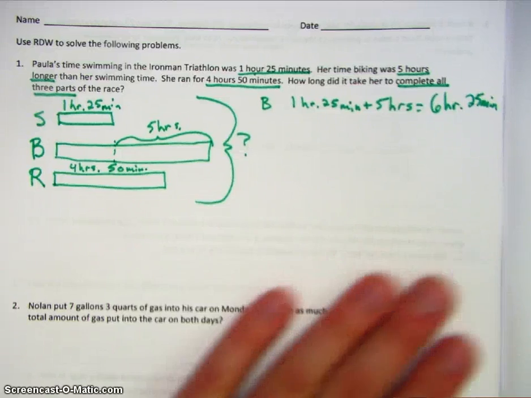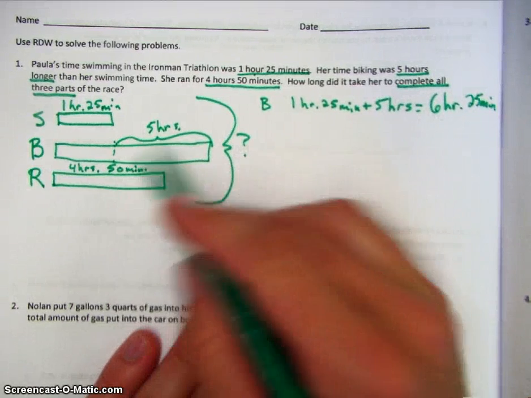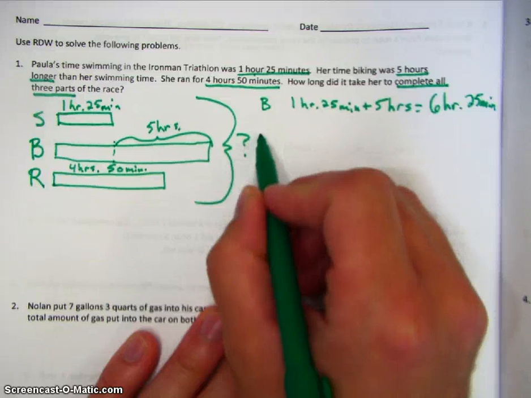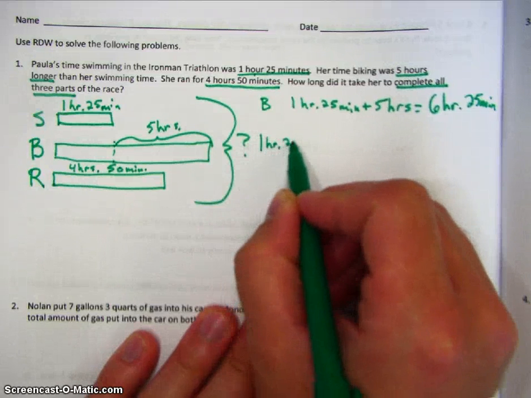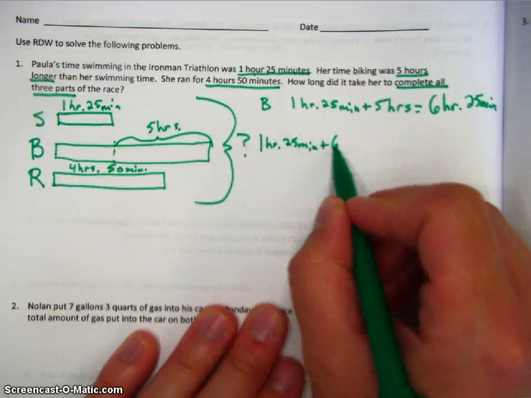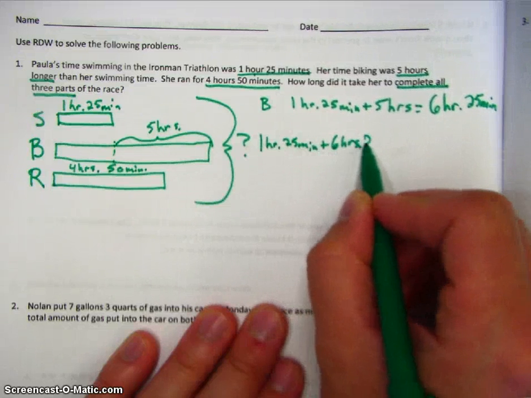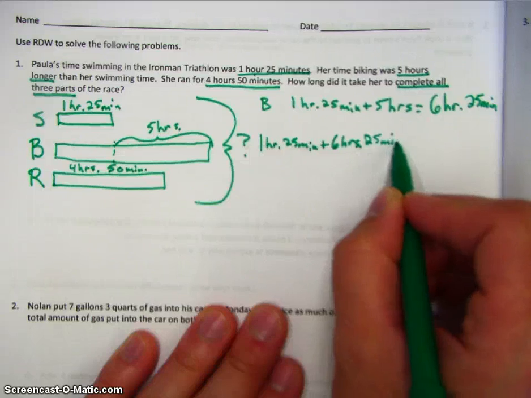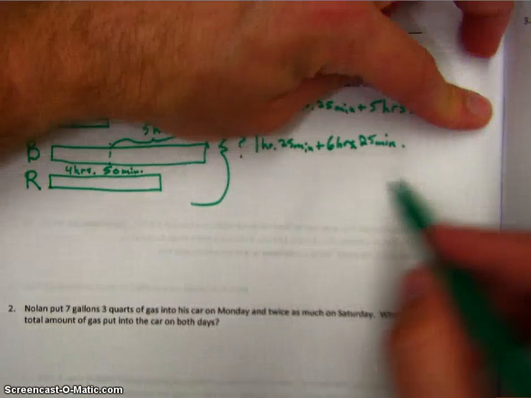So now when we go to add, we have 1 hour, 25 minutes plus 6 hours, 25 minutes plus 4 hours, 50 minutes.